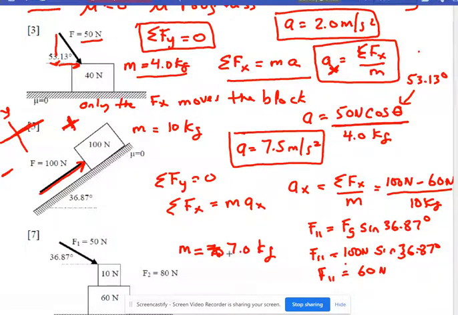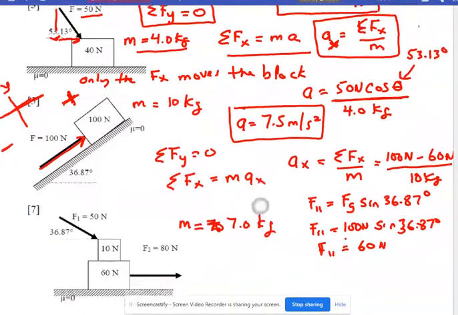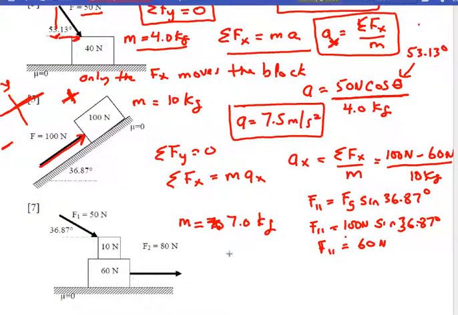So ax equals 40 newtons divided by 10 kilograms, and that's 4 meters per second squared. And there you go.